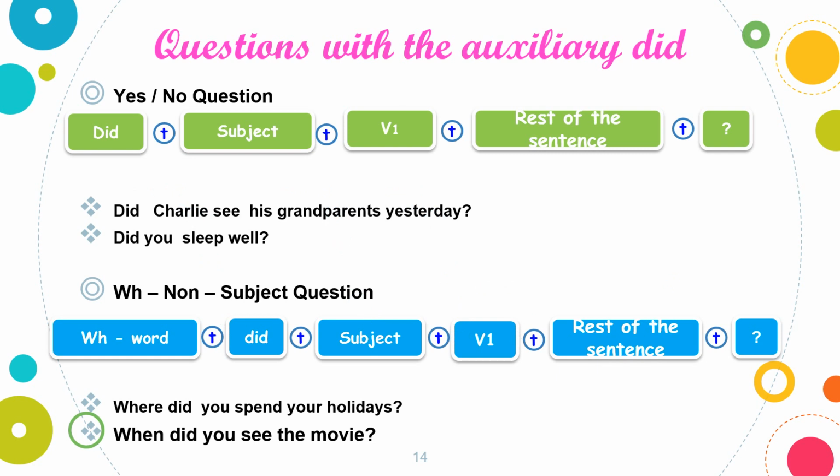And the example says, where did you spend your holidays? The WH word, where, did, the subject you, the verb spend, and the rest of the sentence. And the other one says, when did you see the movie?